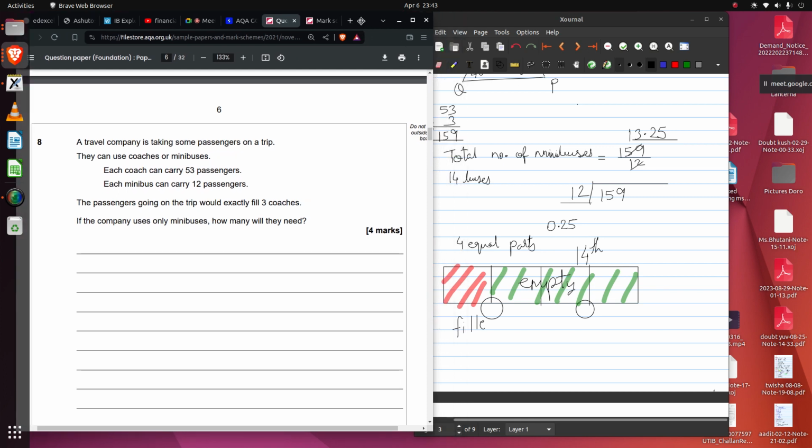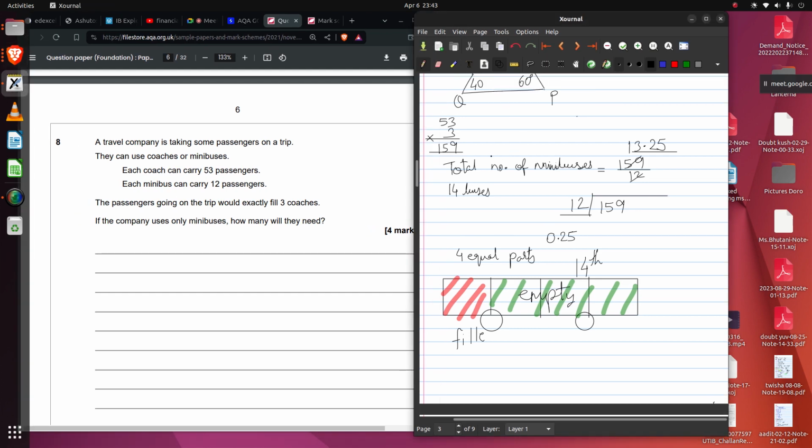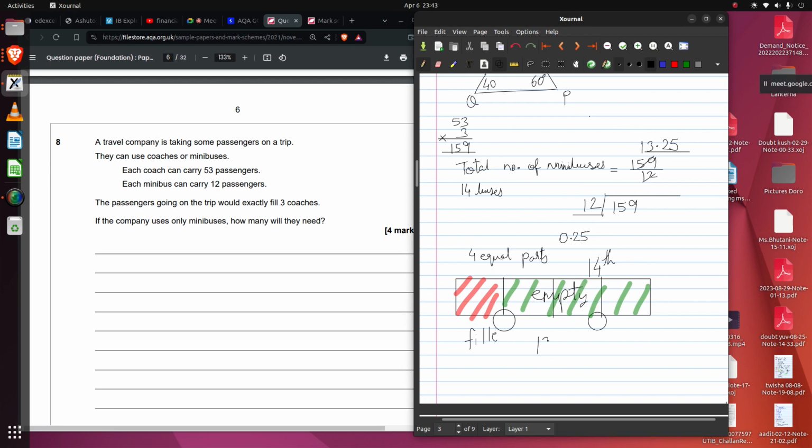But I got how you divided the bus into 4 parts. So there are 13 normal buses, like the ones in the real world. 13 have to be taken, right? The number is saying that 1/4 of the bus is also required after 13. On top of 13, 1/4 of the bus is required.